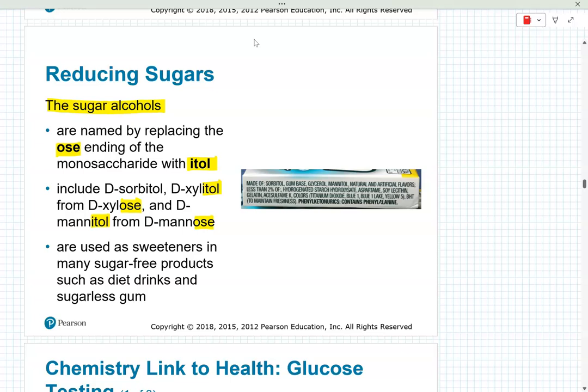When you use the sugar alcohols instead, you get a sugar-free gum, which is much safer for your teeth. Okay? Sounds good?